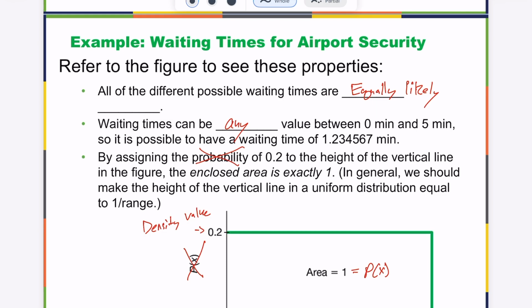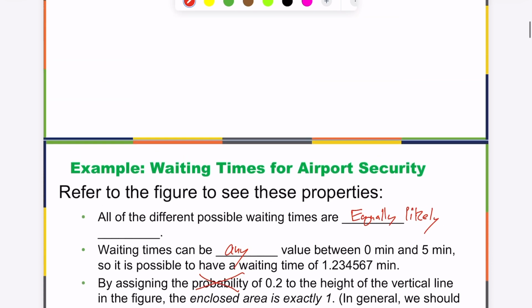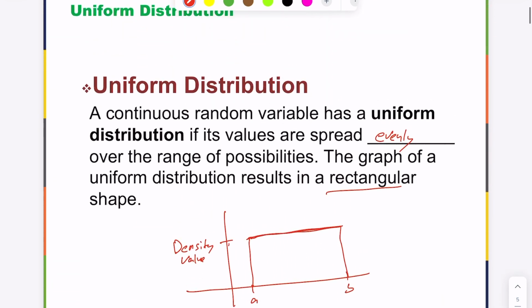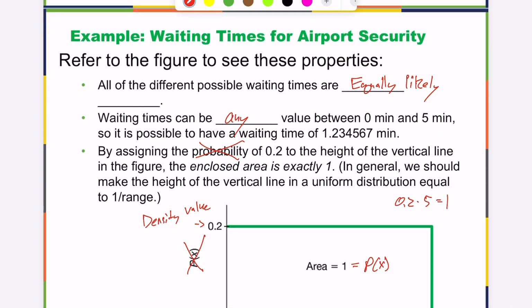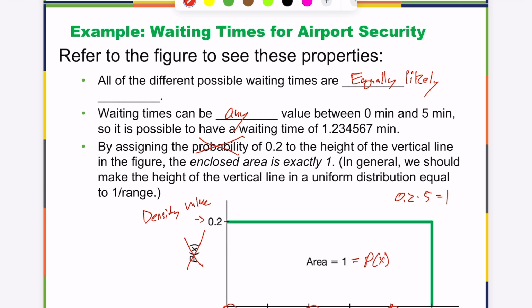0.2 times 5 is indeed 1. Okay, so the area is 1. That's great. That's one of the requirements of a probability density function.